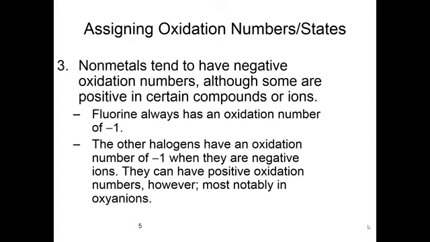The final thing you need to know about nonmetals is that halogens, chlorine, bromine, iodine, tend to have an oxidation number of -1 when they are negative ions. However, if they are part of a polyatomic or oxyanion like chlorate, then they can have a positive oxidation state.